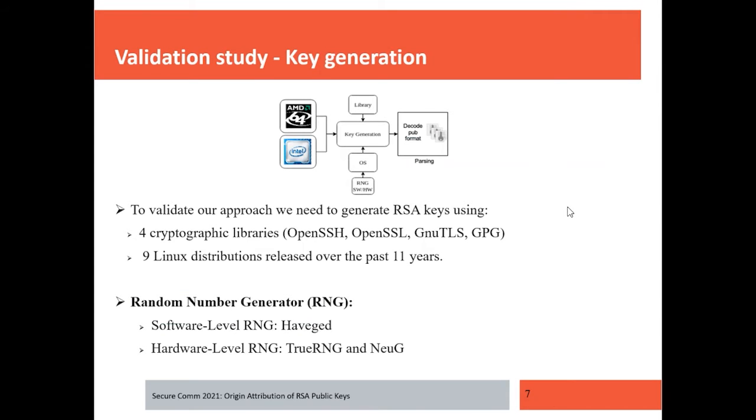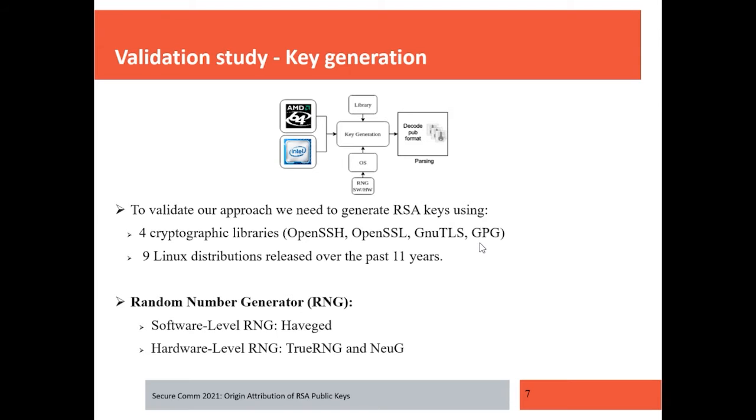To validate our approach, as we talked about in the previous slide, we need to generate different sets of keys. We use 4 cryptographic libraries to generate these keys. These libraries are OpenSSH, OpenSSL, GNU-TLS, and GPG.